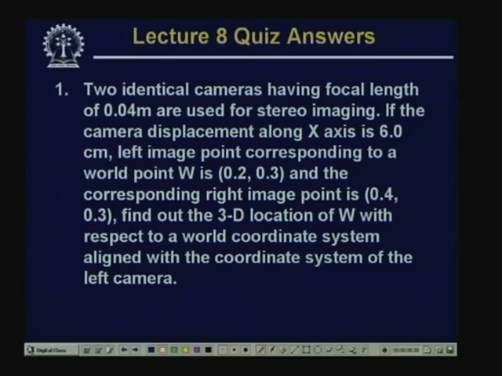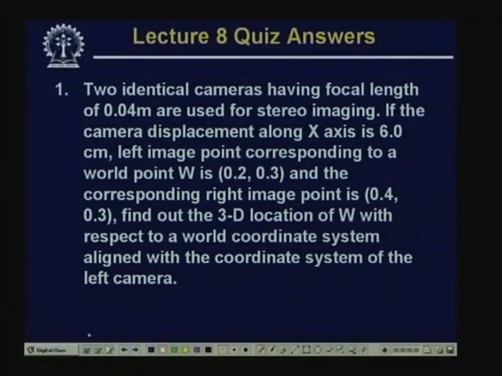Now, let us see the answers of the quiz questions that we had given in the last class. In the last class, we had given a quiz question for finding out the 3D coordinate point of a world point, where its coordinates in the left camera and in the right camera are given.